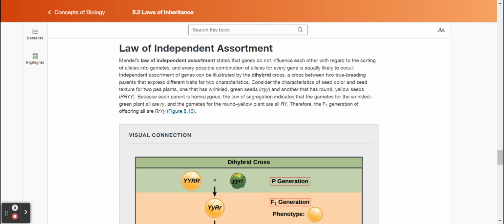Because each parent is homozygous, the law of segregation indicates that the gametes of the wrinkled green plant are all recessive, rY, and the gametes for the round yellow plant are all dominant, RY. Therefore, the F1 generation of offspring are all heterozygous, capital R, lowercase r, capital Y, lowercase y.